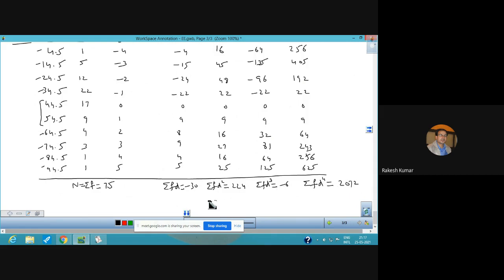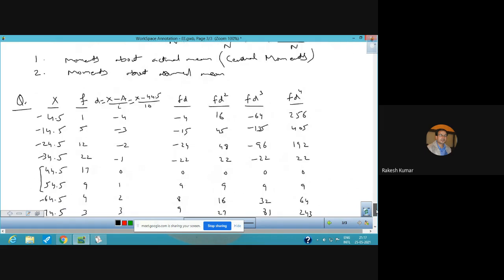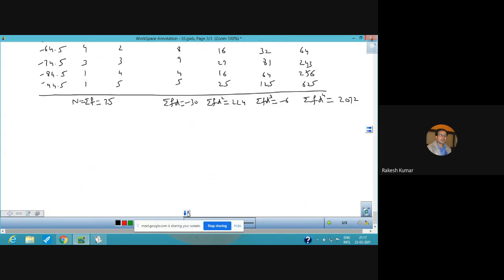So these are the values calculated by using the method of assumed mean. Remember, there are two techniques for calculating, and we are using the second technique, calculating moments about the assumed mean. A similar question can also be done when you use the actual mean method. The only difference is to calculate the mean.